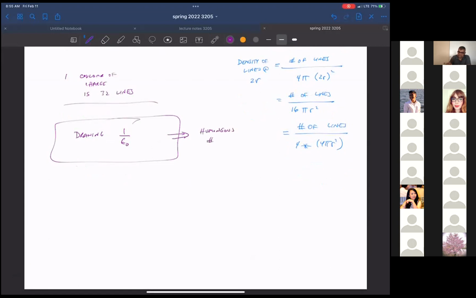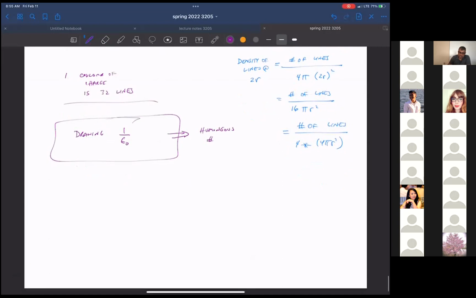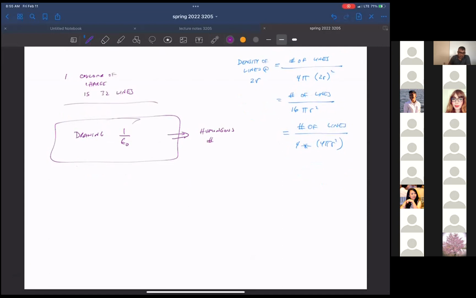Again, we're just thinking notionally, guys. The reason for that is, let's say I had a charge of Q and I drew 1 over epsilon naught lines. This would be the density of the lines.